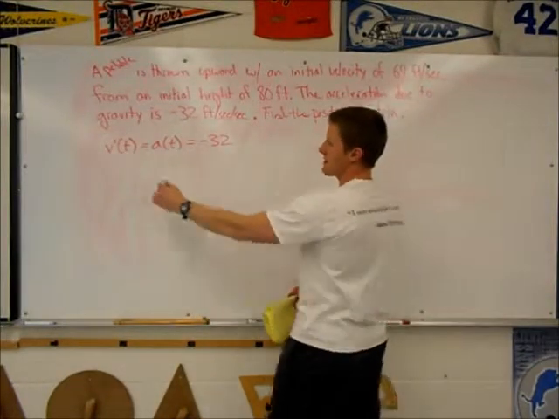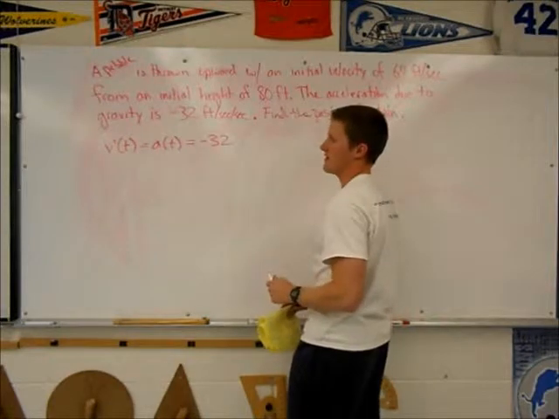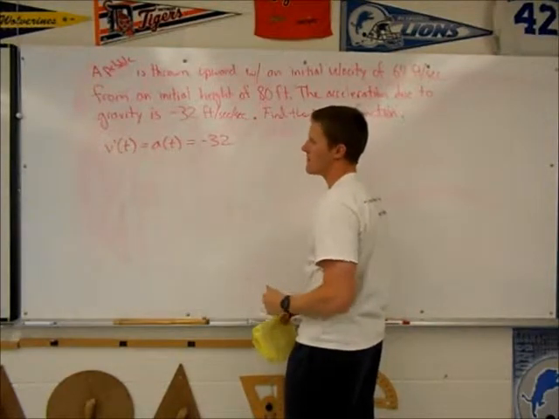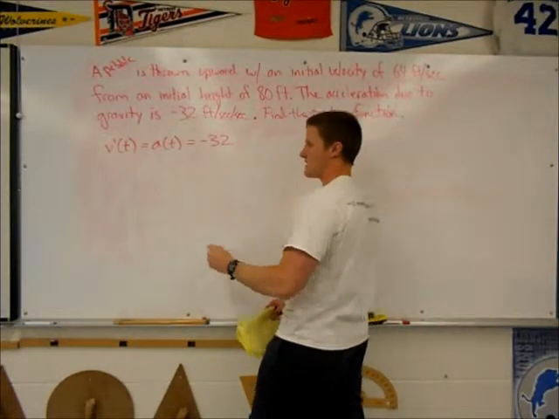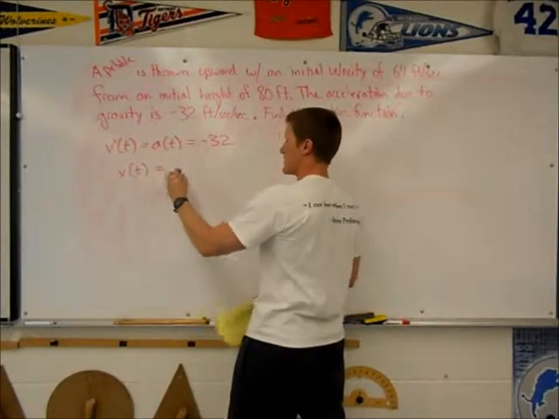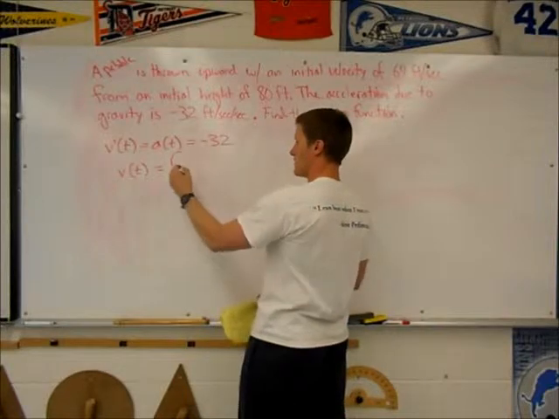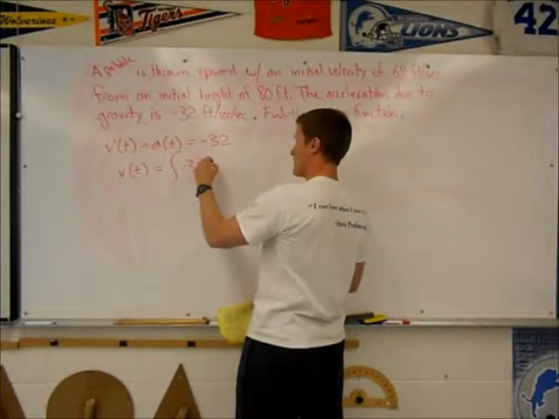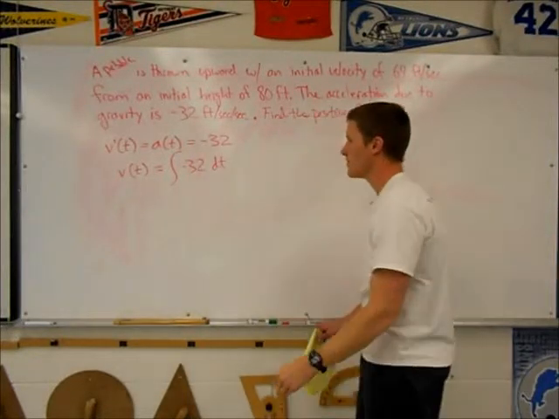So if I take the left side and the right side here and take the antiderivatives of them, I should get a velocity. So velocity equals the indefinite integral of negative 32 dt, that's our variable.